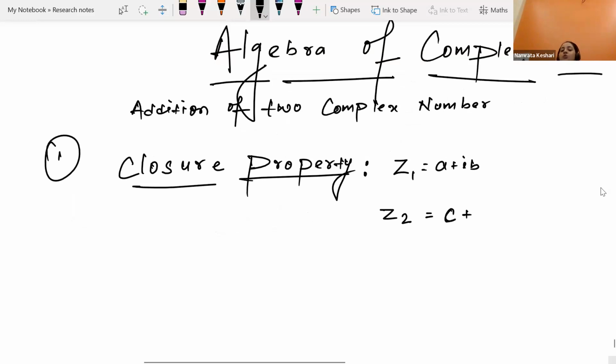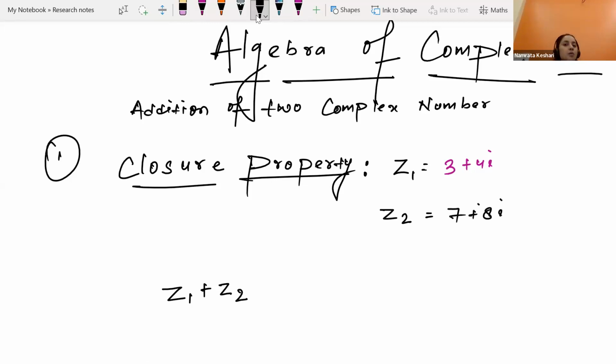I will show you with the help of an example. Let's take z1 as 3 plus 4i, and z2 as, suppose, 7 plus 8i. These are the two different complex numbers we have taken.